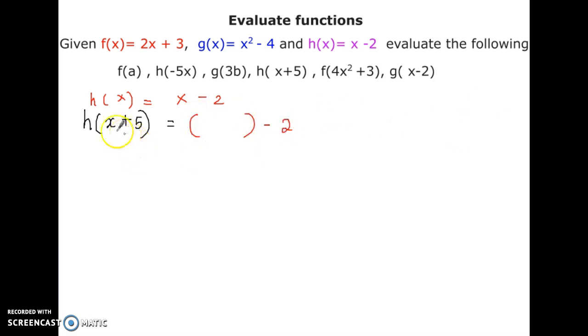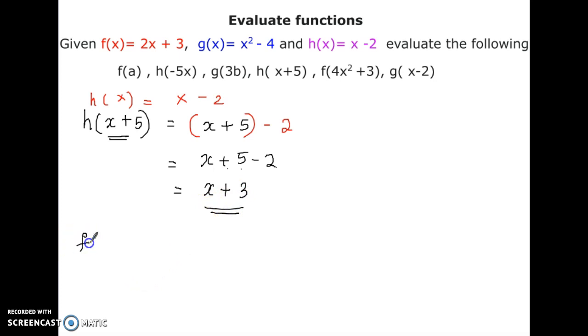So what do I have in the place of x? I have x plus 5. So I'm going to substitute x with x plus 5. Sometimes we'll have to substitute another expression for x, not just a monomial, but a binomial like this. Again, when we combine it, we get x plus 5 minus 2. And we know that in this case, we can combine 5 minus 2 and get positive 3. So that's our answer.